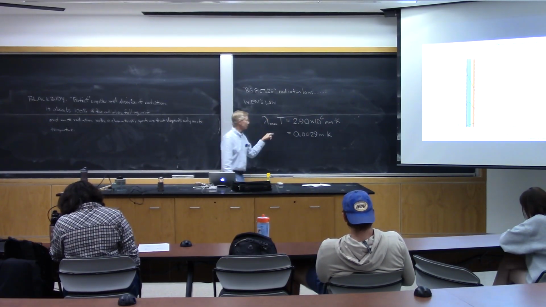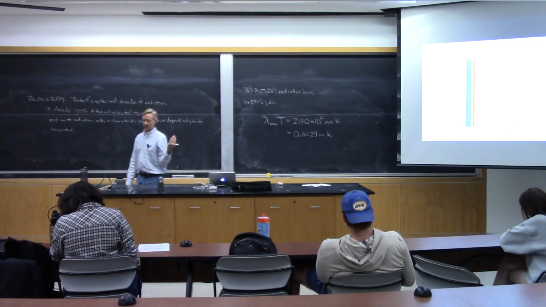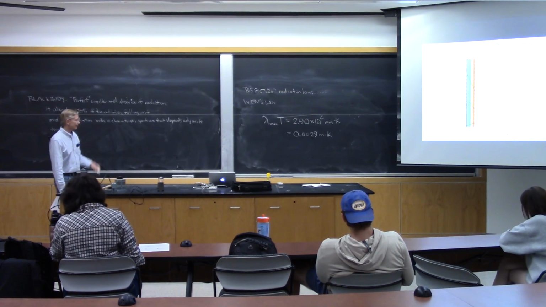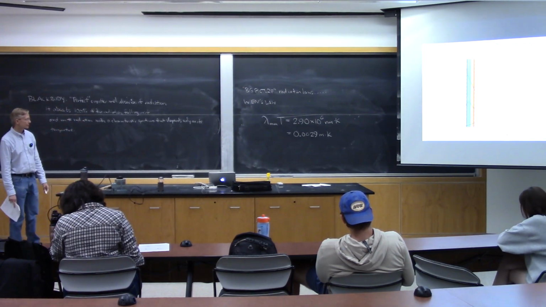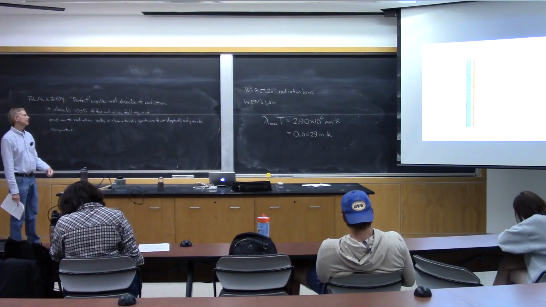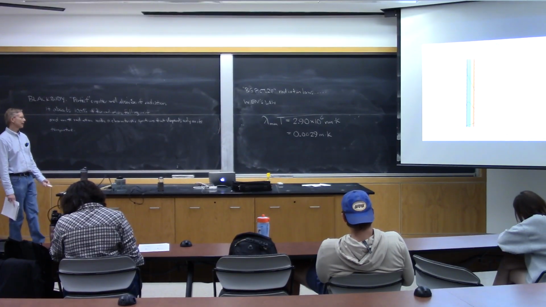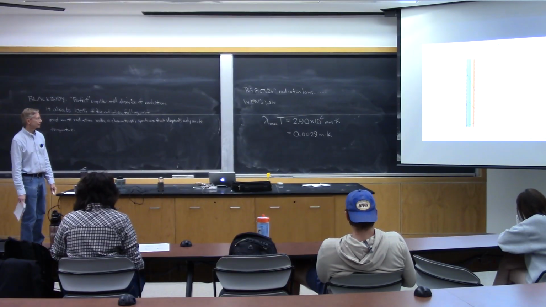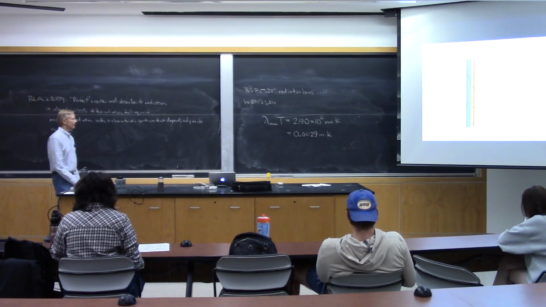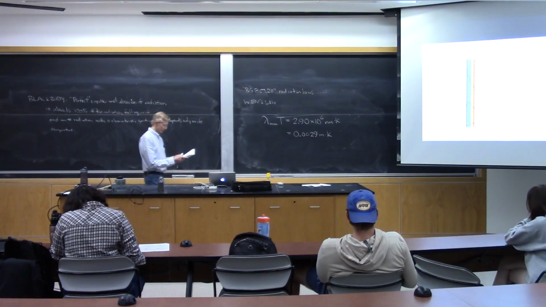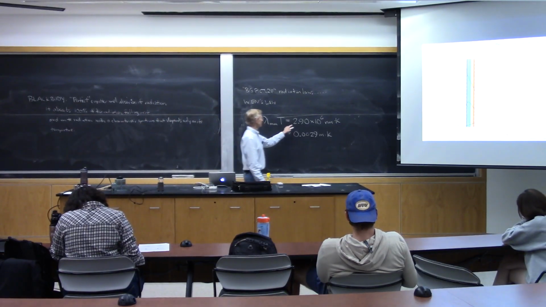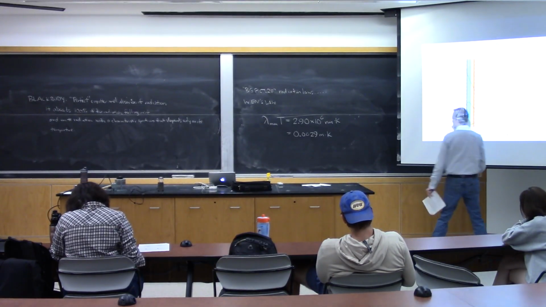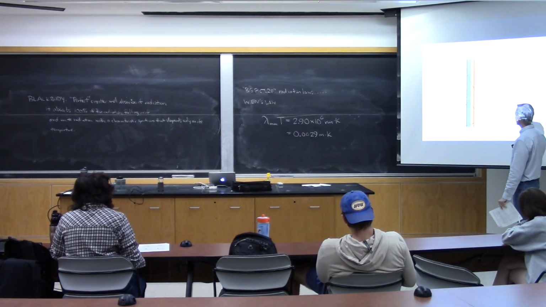So lambda will be in distance units. If you express it in meters and the temperature in Kelvin, then lambda max T is 0.0029 meter Kelvin. Switch to nanometers, multiplying by a billion since a nanometer is a billionth of a meter, and you get 2.90 times 10 to the 6th nanometer Kelvin, which is usually more useful for us. So it emits radiation with a characteristic spectrum.